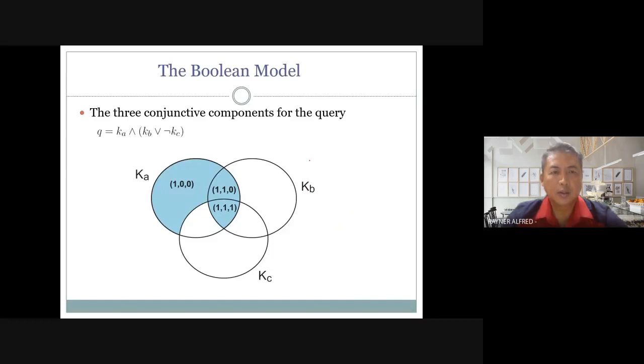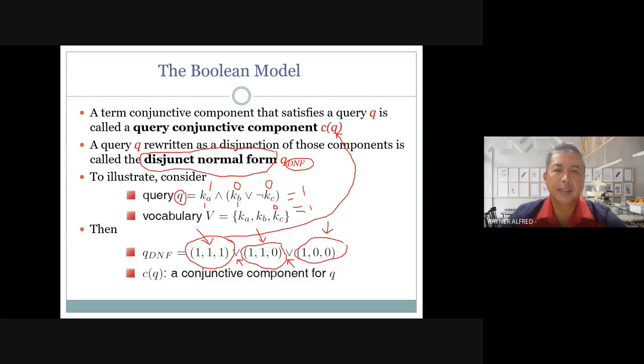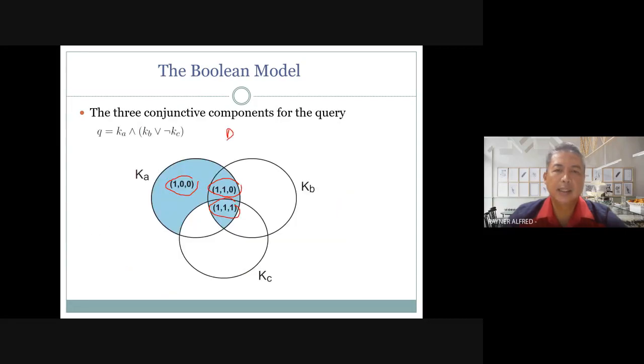Okay, so the three conjunctive components for the query will be 1 and 2 and 3. So when we combine them, they become what? They become this, D and F, which is this one.